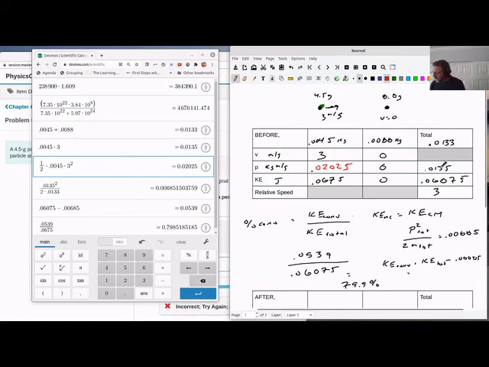Okay, that's going to cause the total kinetic energy to change. I just erased the wrong thing. All right, 0.02025 for the total kinetic energy.